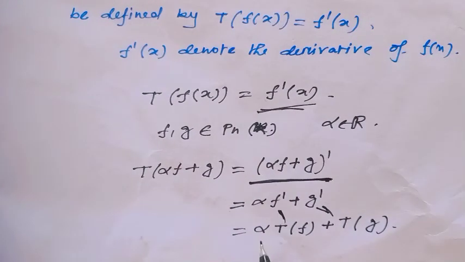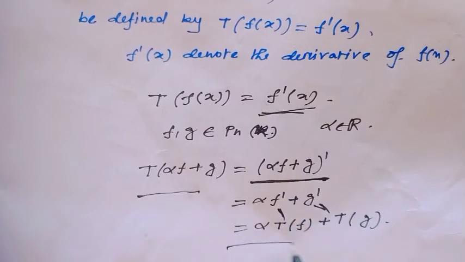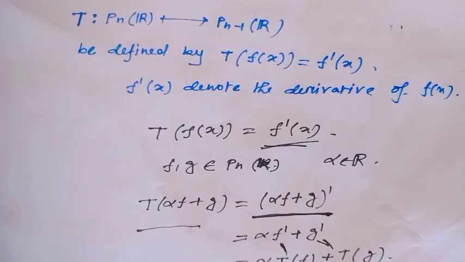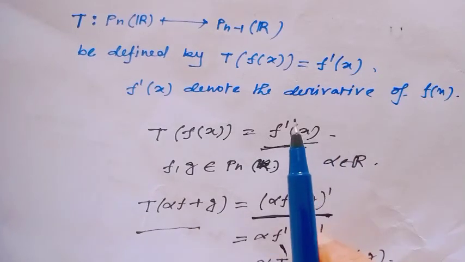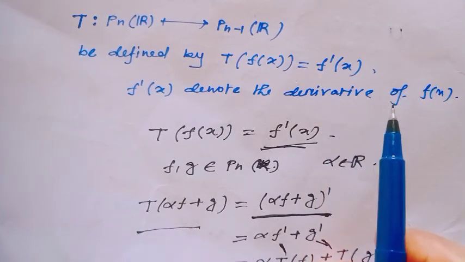That means this is equal to alpha times T of f plus T of g. Since this relation is satisfied here, obviously the differential operator is a linear transformation.